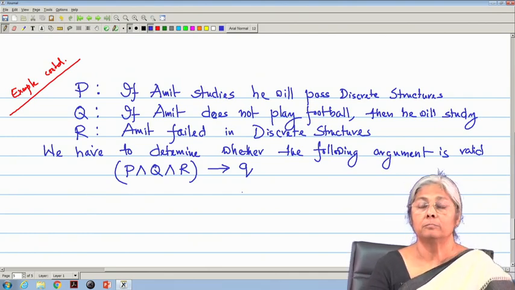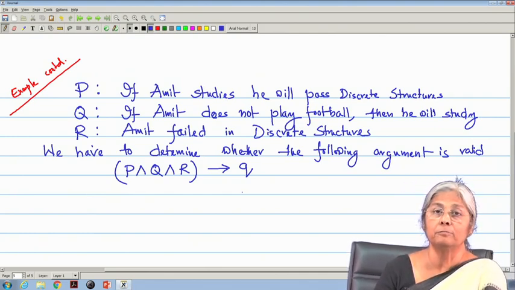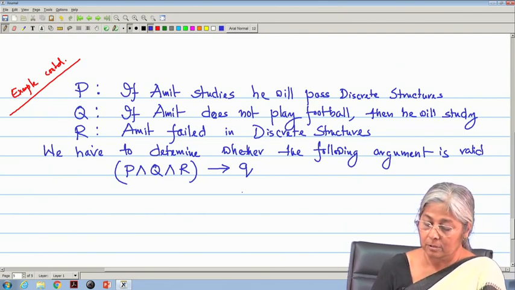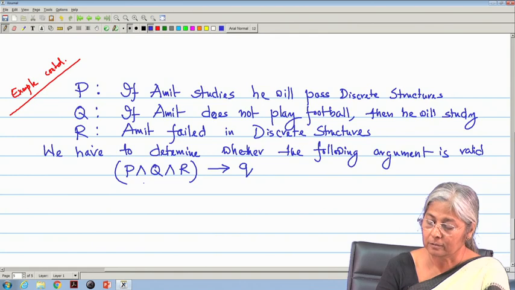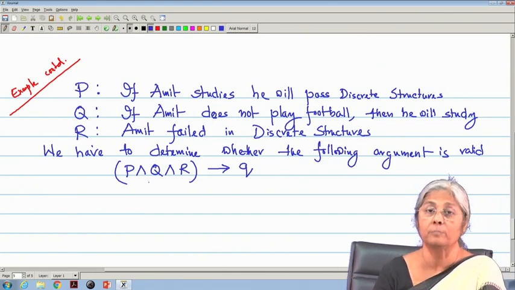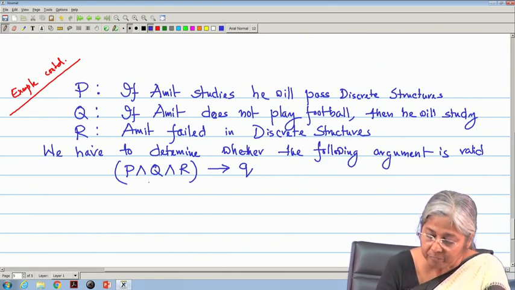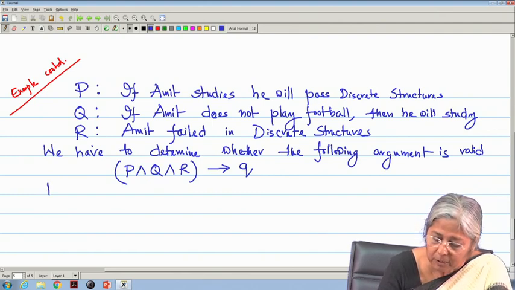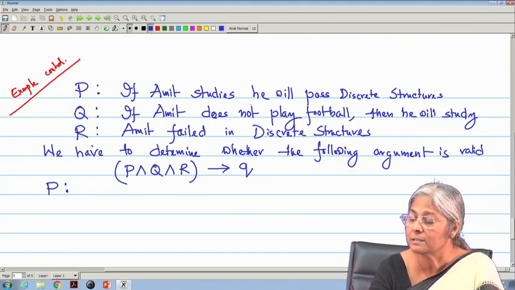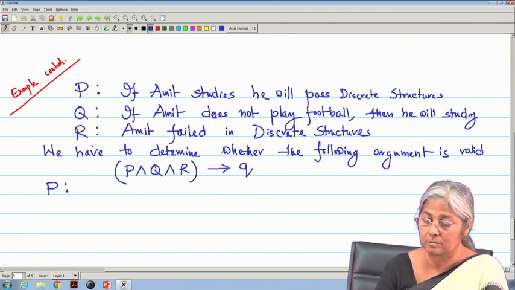Now, last lecture we have learned the substitution law. So, we can apply the substitution laws here. Before that, we write the compound propositions in terms of our primitive statements. So, what is P? P is: if Amit studies, he will pass discrete structures.